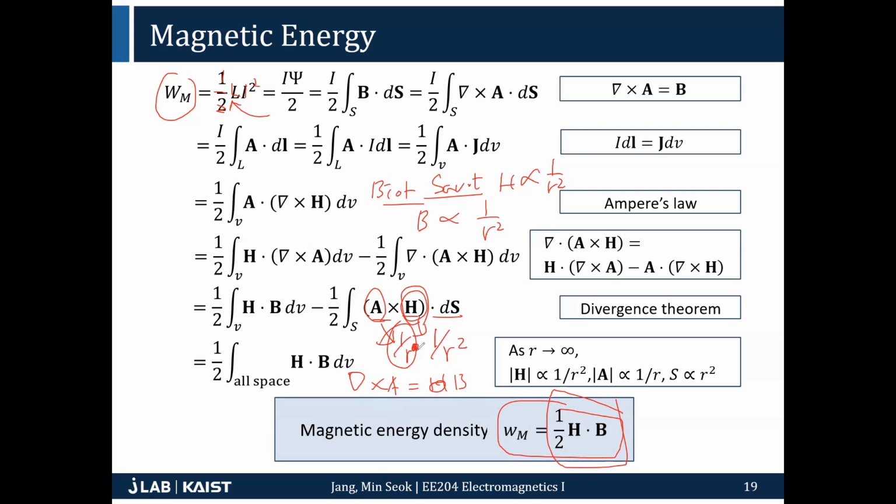So A should be proportional to 1 over R instead of 1 over R squared. And then S, by definition, is proportional to R squared. So if you multiply all this, everything is still proportional to 1 over R. So as we take our surface very, very far away from the current source, you can ignore this surface integration because in total it is proportional to 1 over R. So that's the logic here.